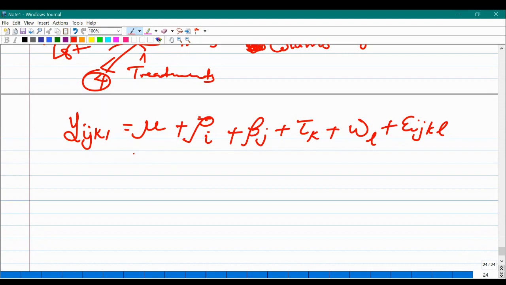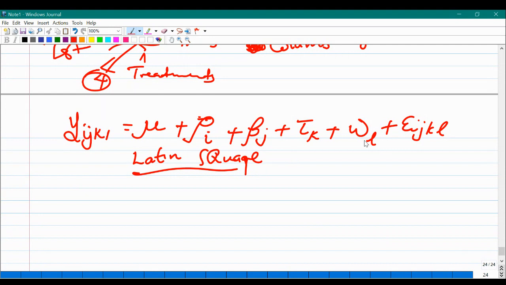This is Latin square, isn't it? If you go and check your university calendar, you will see that you have to do Latin square design.